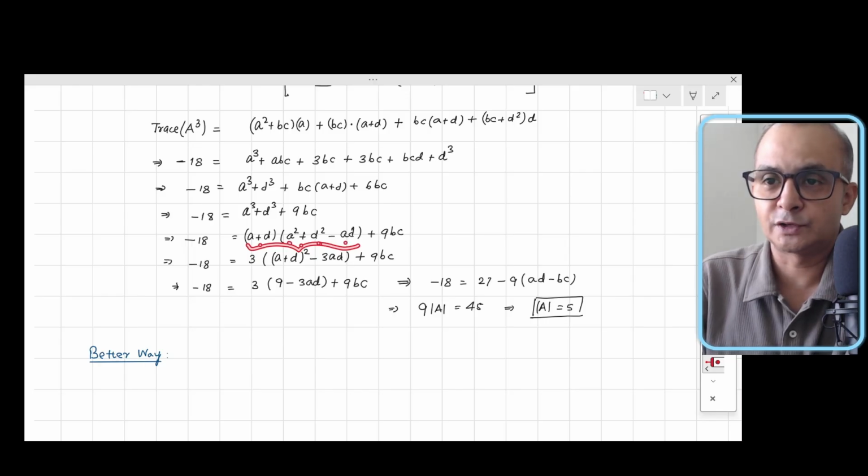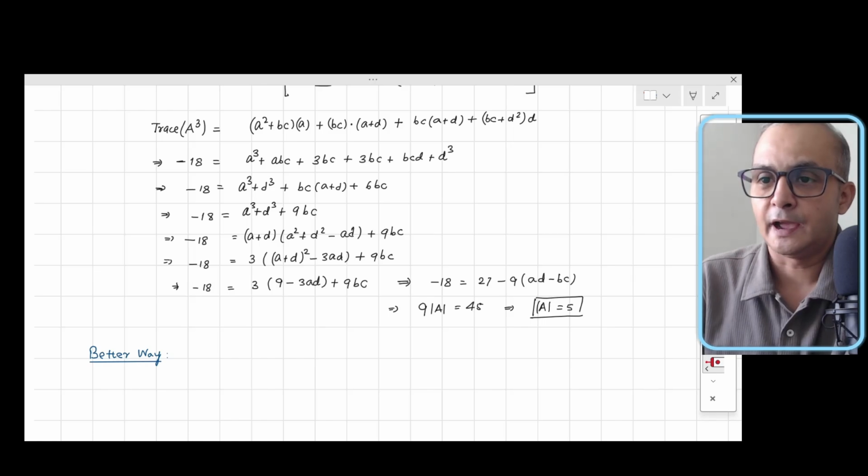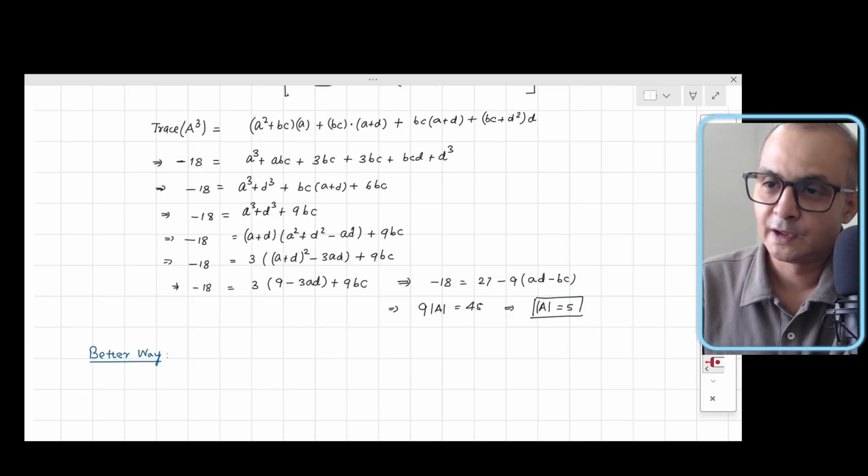Where A square plus D square, I can write as A plus D the whole square minus 2AD, and 9BC was already there. After that, we simplify further and we get 9 times AD minus BC, and AD minus BC is nothing but the determinant of the matrix. So we get 9 determinant of A is equal to 45, so the determinant of A is 5.